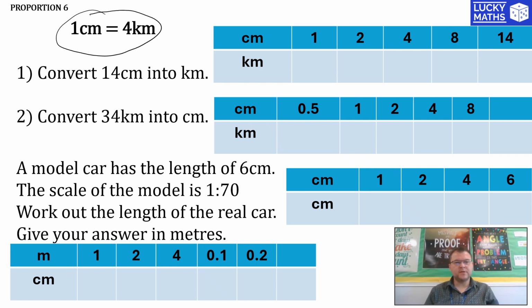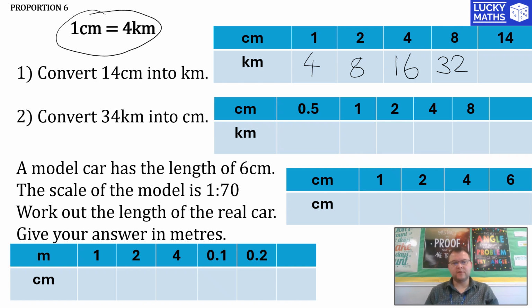So 1 centimetre is 4 kilometres. We're straight in with that. So 2 centimetres therefore will be 8 kilometres because that's double. 4 centimetres is 16 and 8 centimetres is 32. The question obviously is we're trying to make 14 centimetres.